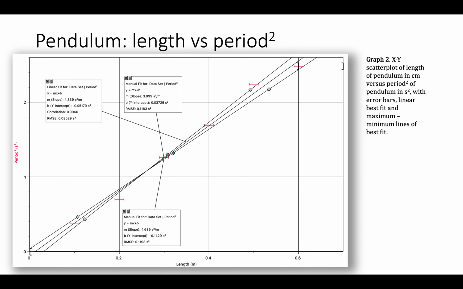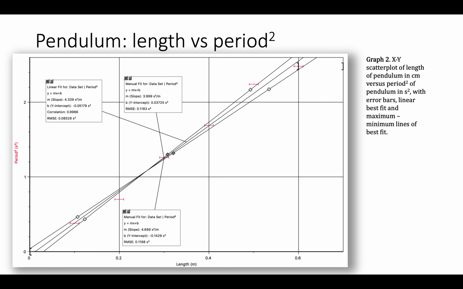In order to give us an uncertainty in that gradient, it's relatively simple. We just draw two more straight lines. LoggerPro enables us to do that relatively simply. By drawing these two straight lines, we get a maximum and a minimum value for the gradient.